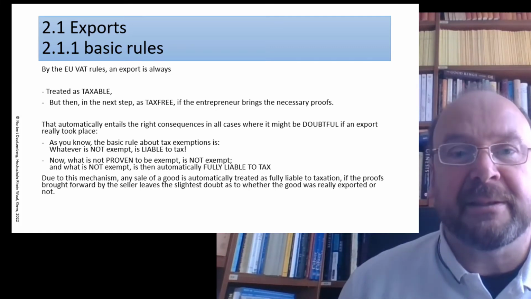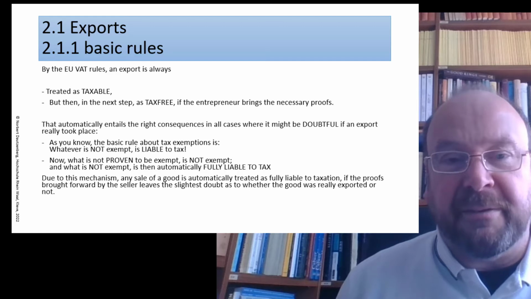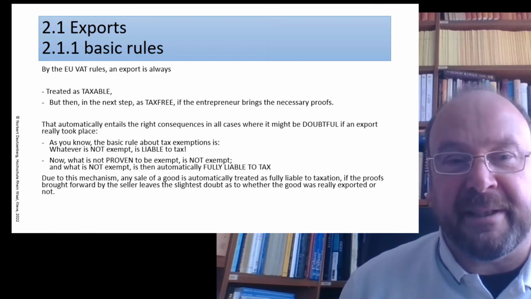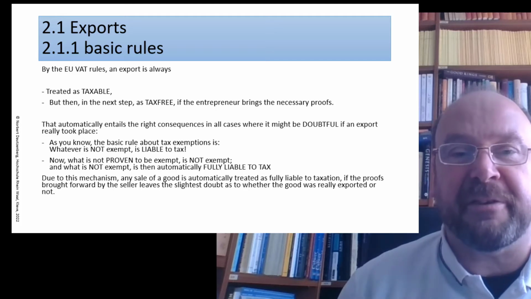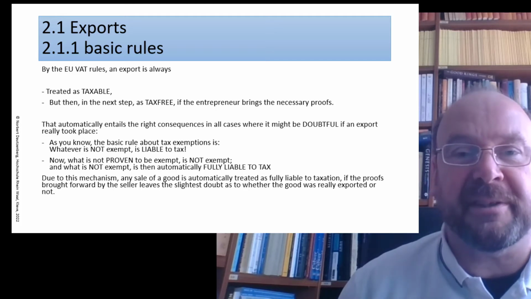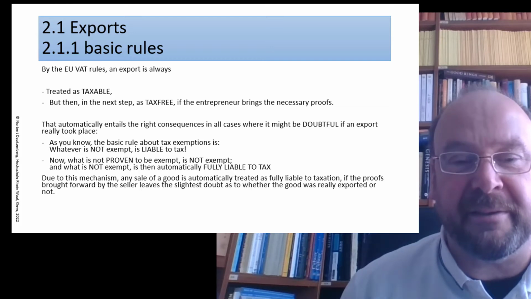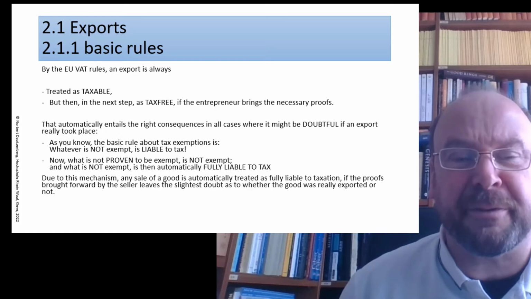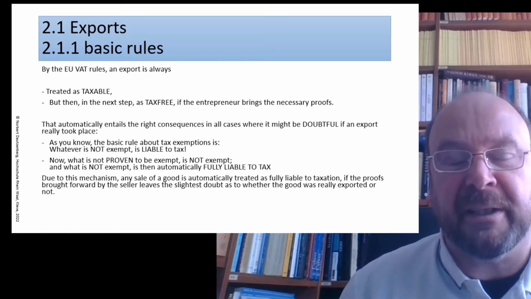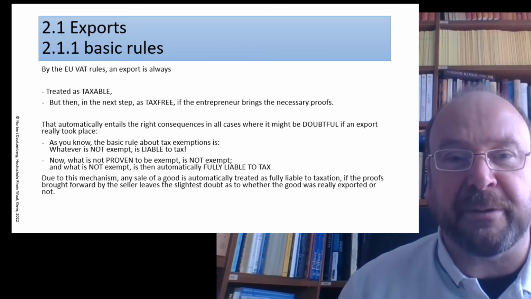And that gives the accountants in the firm the necessary, let's say, lever over the management to insist on all these bureaucratic procedures being fully and correctly done. Otherwise, it's 19% or so of your turnover gone away, and that turns every profitable transaction into a loss.